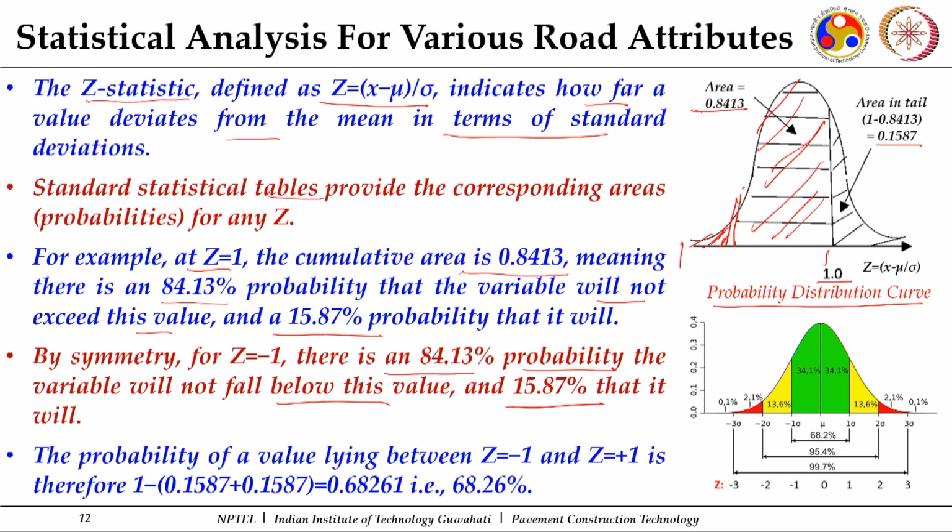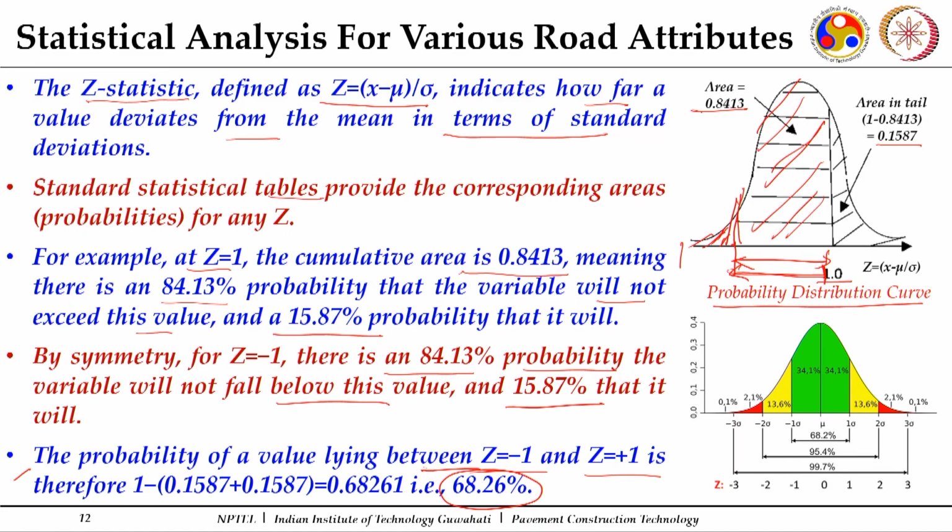Now, if these two limits are to be ensured, I am trying to look at the probability that my results are in this particular range. The probability of a value lying between Z minus 1 and Z plus 1 is therefore 1 minus how much it is exceeding on both ends, so it is 68.26%.